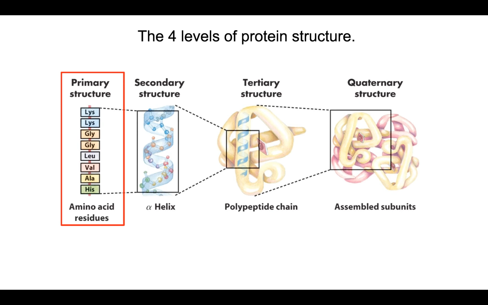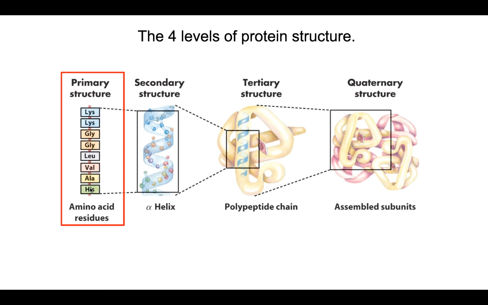Okay, there are 4 levels of protein structure, and they all exist simultaneously. The one that we're going to talk about today in this video is the primary structure. Now, that is nothing more than the sequence of amino acids connected to one another via peptide bonds.